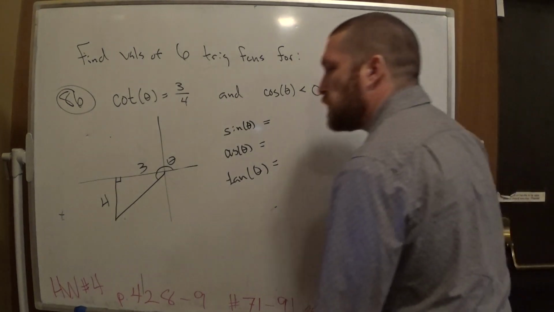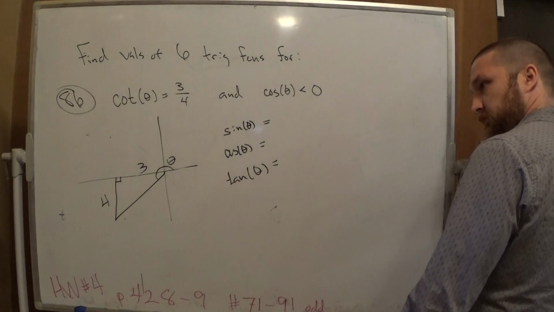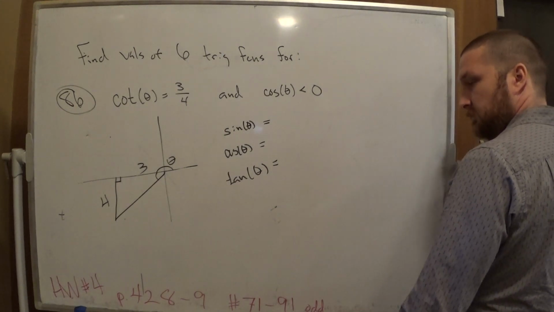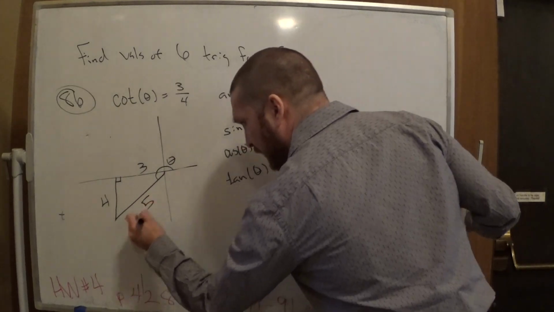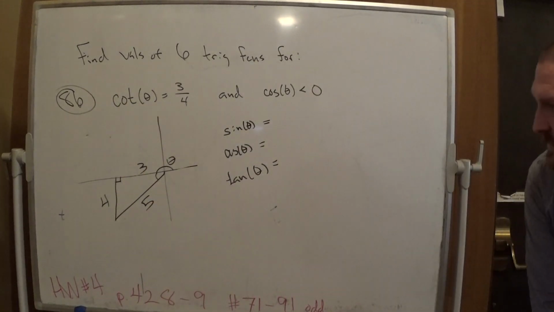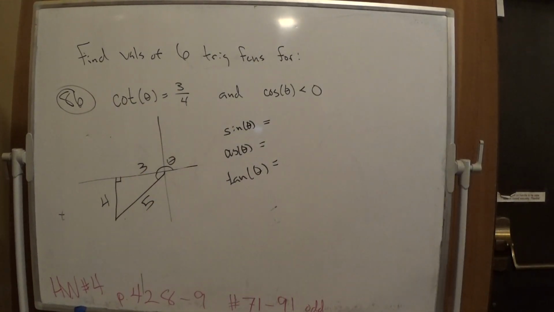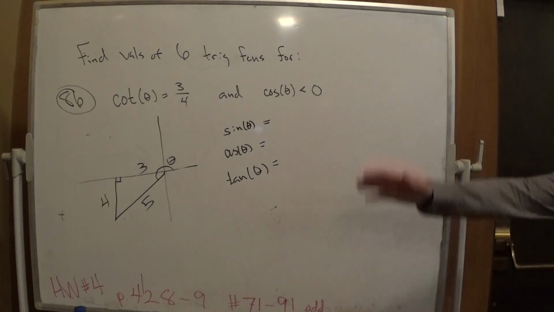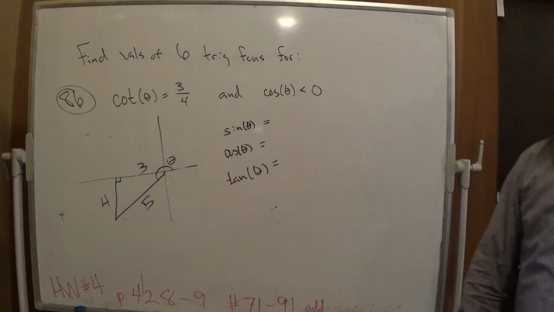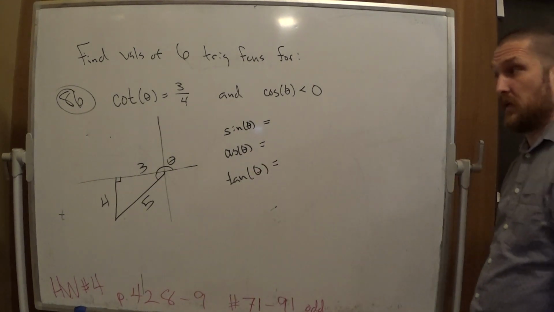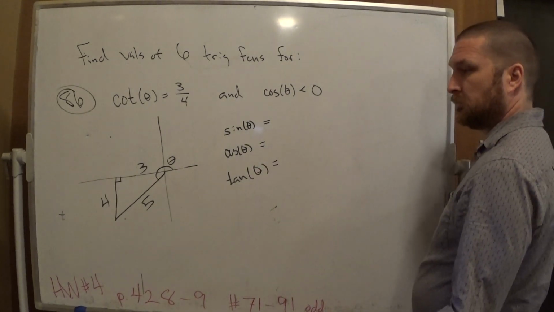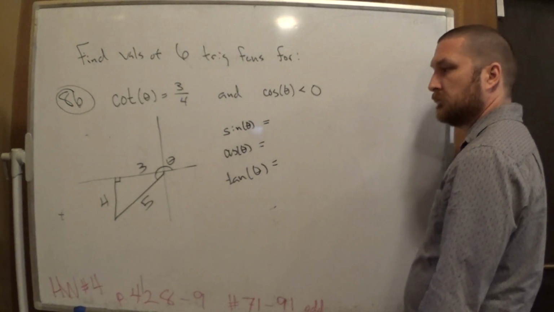Well, we need to find the hypotenuse. Root 25, which is 5. That's one of those easy ones. 3, 4, 5. It does work out, because 16 plus 9 is 25. Square root of 25 is 5. So there you go. Okay, so what is sine? 4 over 5.